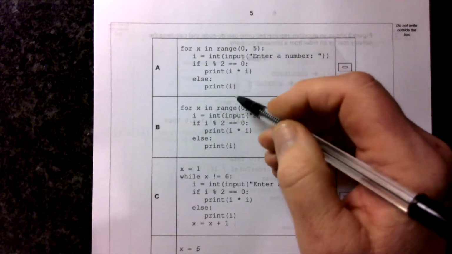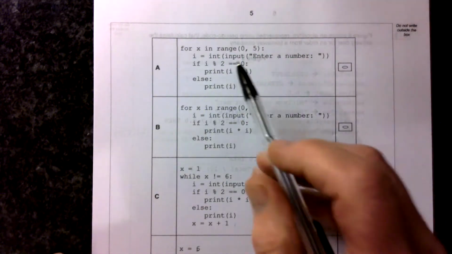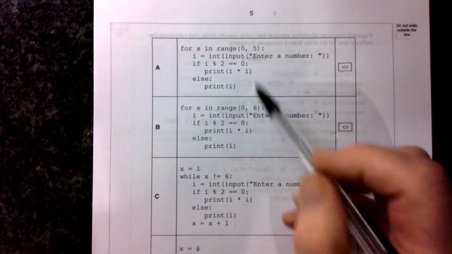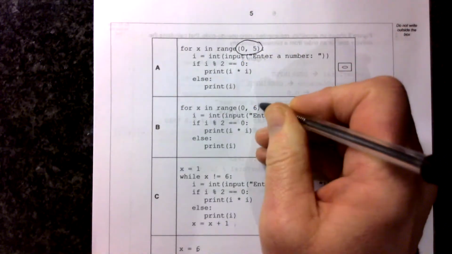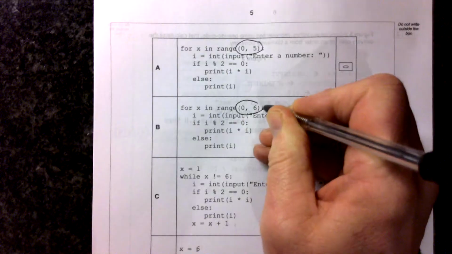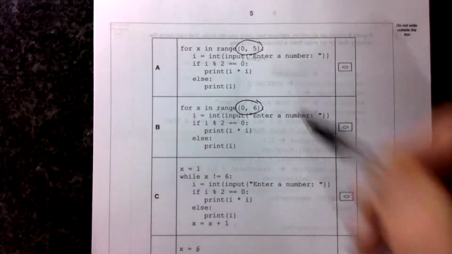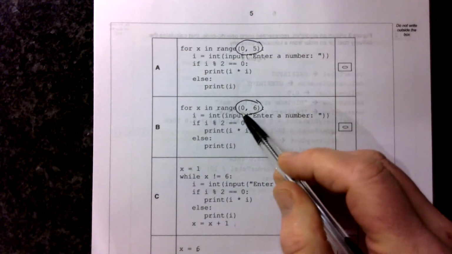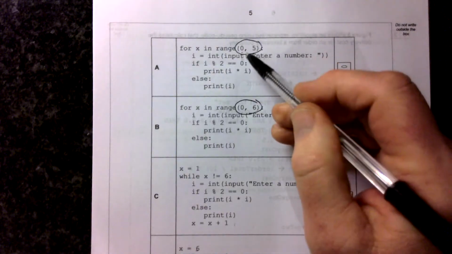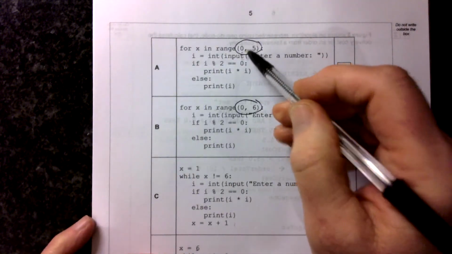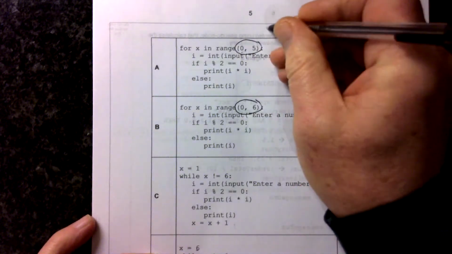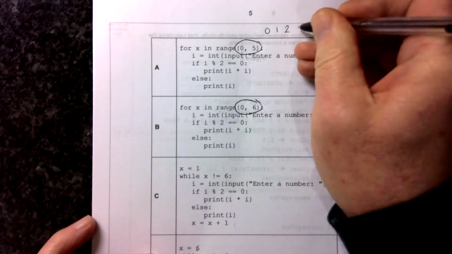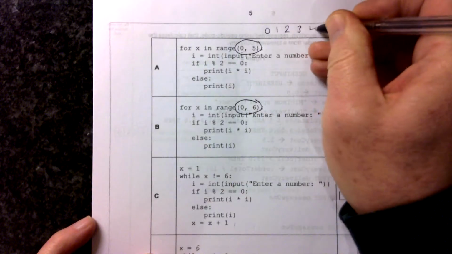Now, does it repeat 5 times? The only difference between the two algorithms is here. What is the range used? The numbers go from 0 to 5 or 0 to 6. If it repeats from 0 to 5, it's going to go 0, 1, 2, 3, 4.